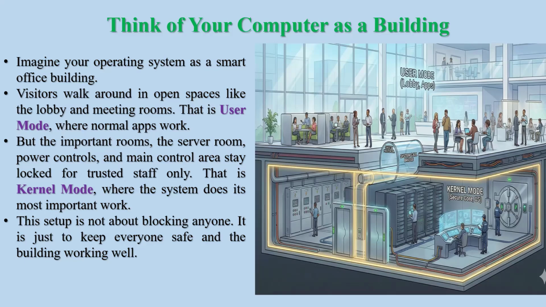And this restricted area represents the kernel mode. The idea is not to stop people from working, but to ensure that the critical systems are not disturbed accidentally. If someone presses a wrong switch in the power room, the entire building can go dark. And computers follow the same logic.